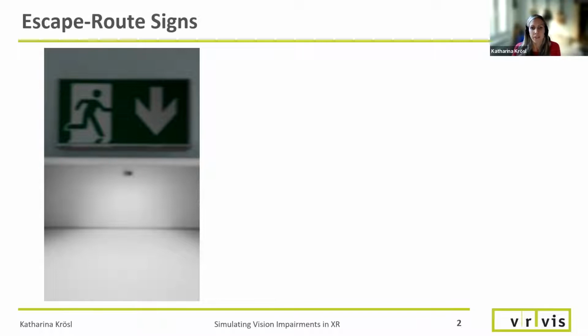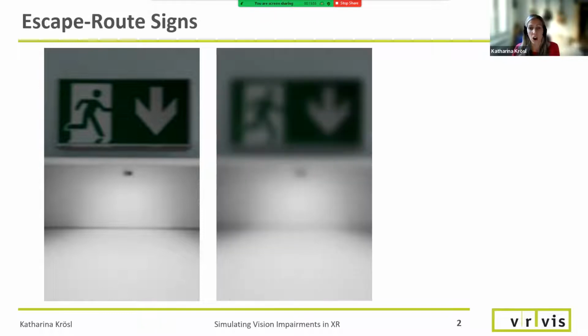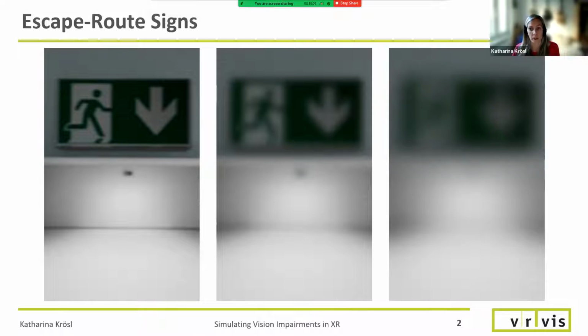But what if you have some form of visual impairment that makes it harder or almost impossible to recognize the direction on the sign? This is actually a common problem for a lot of people.